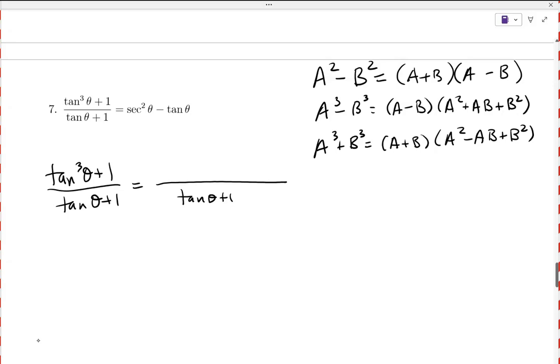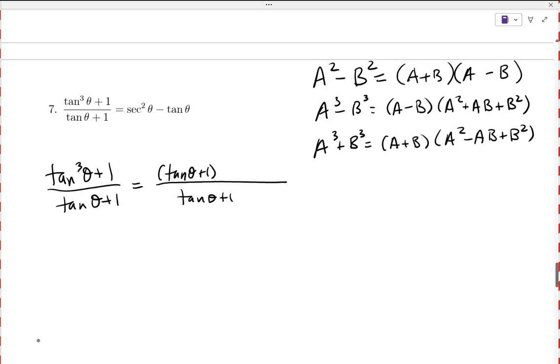All right, so how does the top factor using the sum of cubes formula? Tangent theta plus 1.